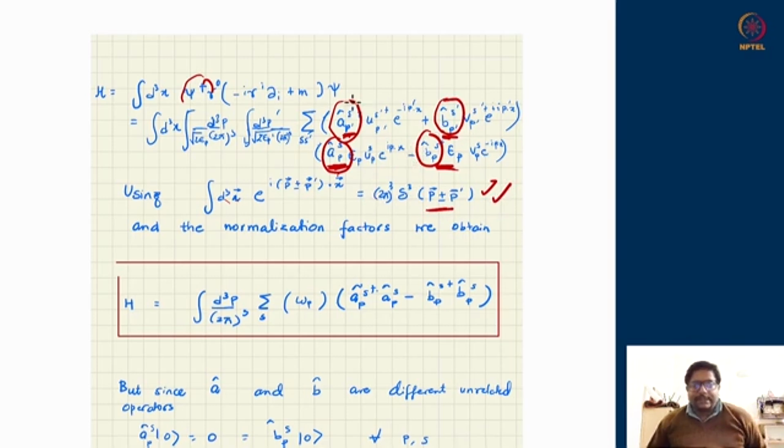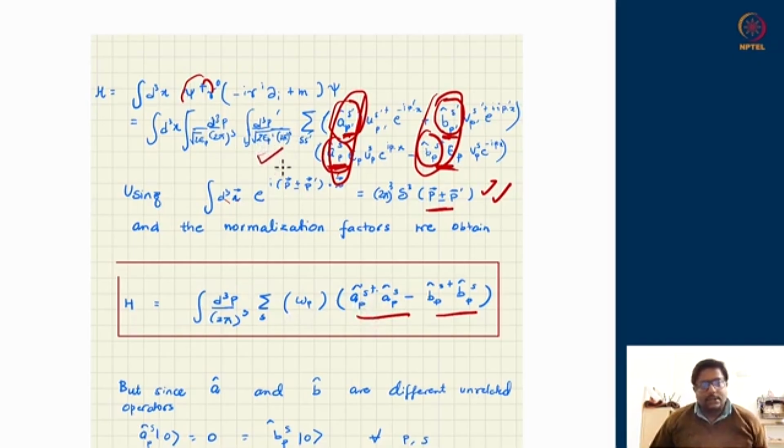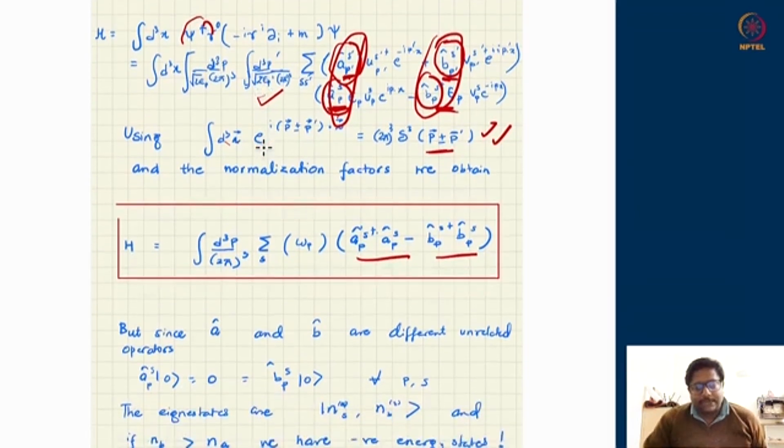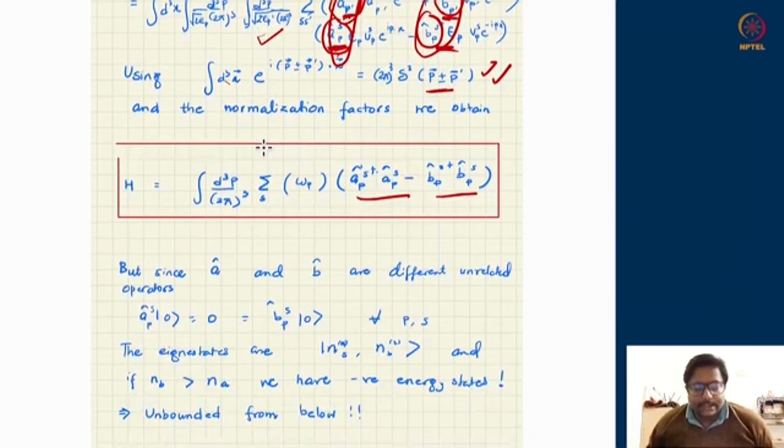All that will survive will be this term surviving with this and this term surviving with that. So as a simple exercise, you will get this structure: AS dagger AS and BS dagger BS. S takes plus half, minus half values, and P is the integral you will be left with. One of the integrations of the momentum has been taken care of by the delta function, but you will be left with one of the integrations at hand.